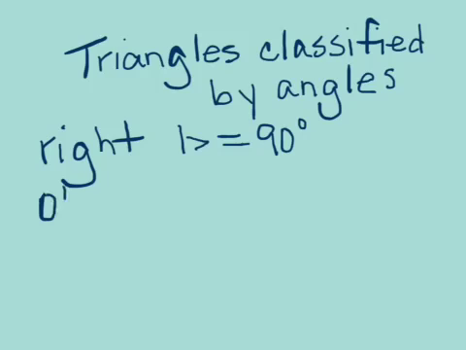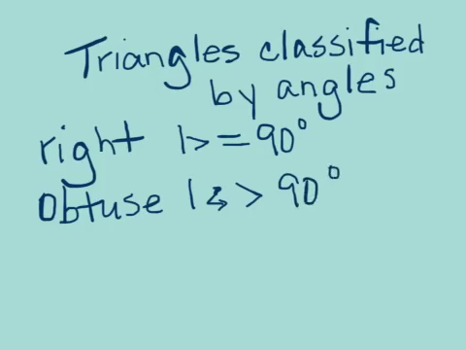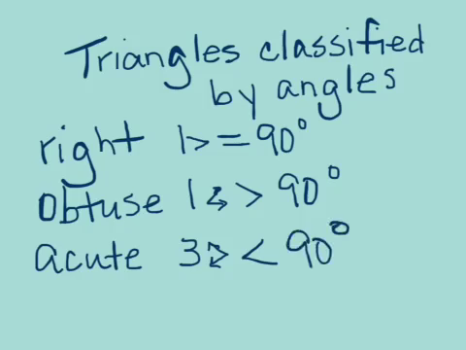The obtuse, where one angle is greater than 90 degrees. And the acute, where all three angles are less than 90 degrees.